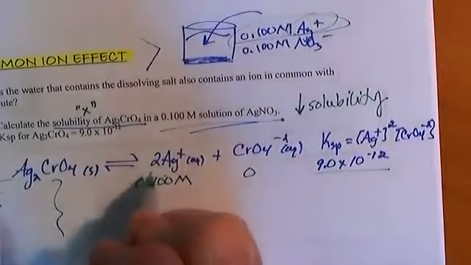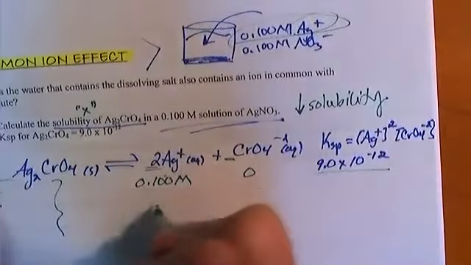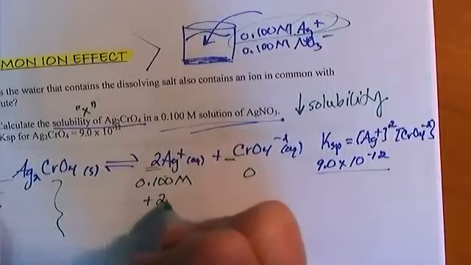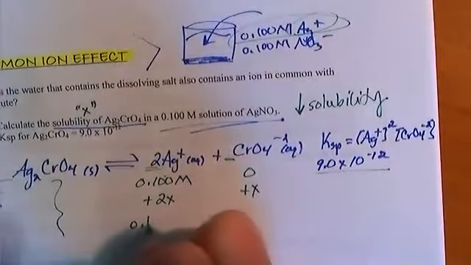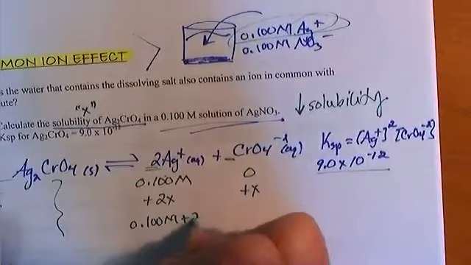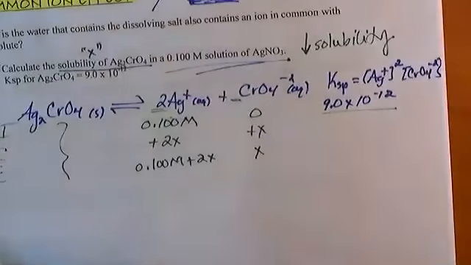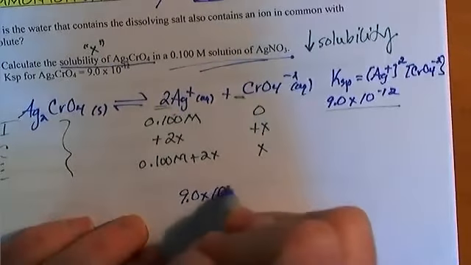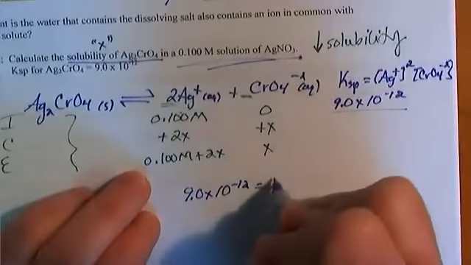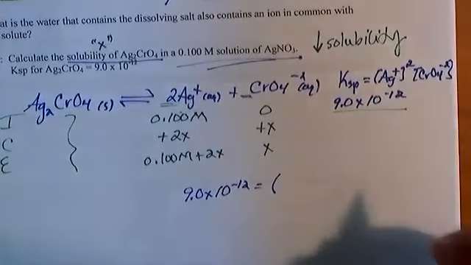Okay, so now we take into account the coefficients. So to get to equilibrium, I will add 2X and X. And so this is 0.1 molar plus 2X and X. I'm solving for X. So going ahead and plugging in. So be very careful, make sure that we're applying the correct exponents.